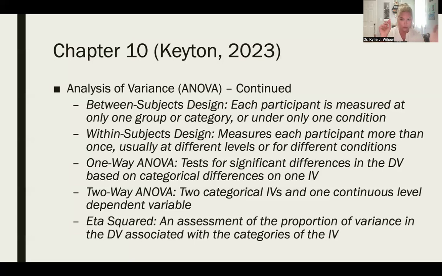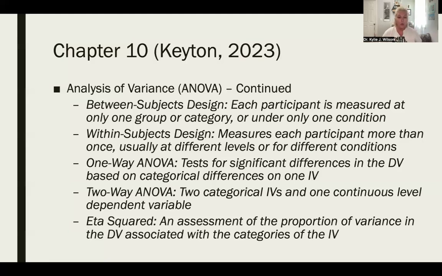So I'm going to measure them when Taylor dated the ex, or when she's dated Travis, not both. And then within subjects, I'm going to measure you at every single boyfriend Taylor gets. So you're going to get measured multiple times for different conditions.